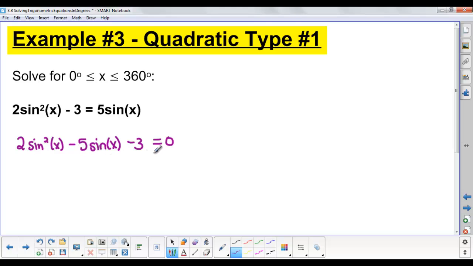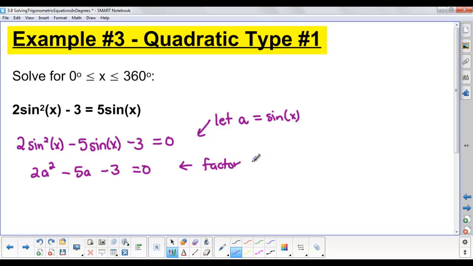So if you were working with that type of question, in fact, if you really wanted to, you can go ahead and make that substitution if it's more helpful to see. So I can change this question to look like 2a squared minus 5a minus 3. And then this is just a complex trinomial, and we can factor it out.